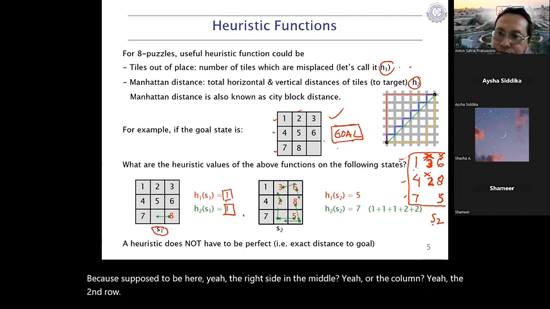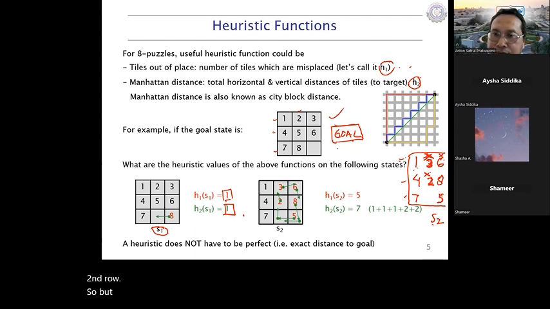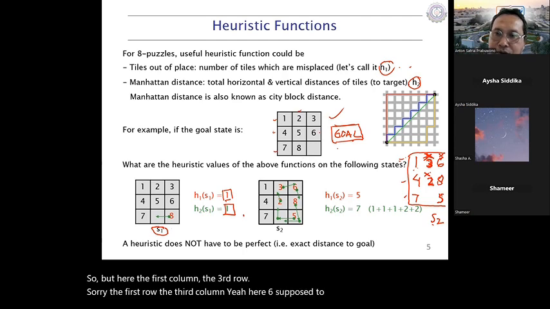But here it is in the first row, third column. So this is misplaced, out of place.